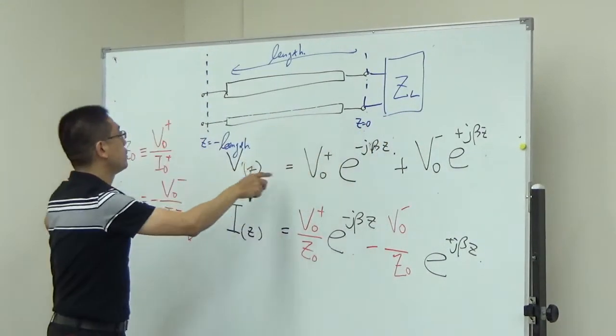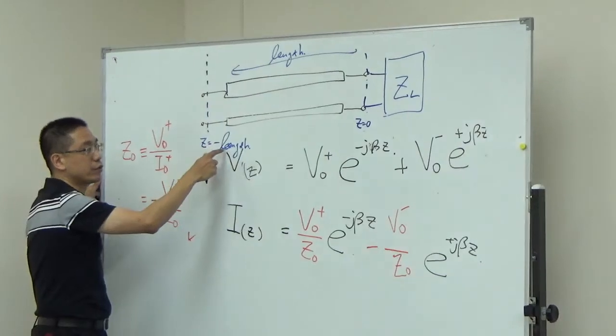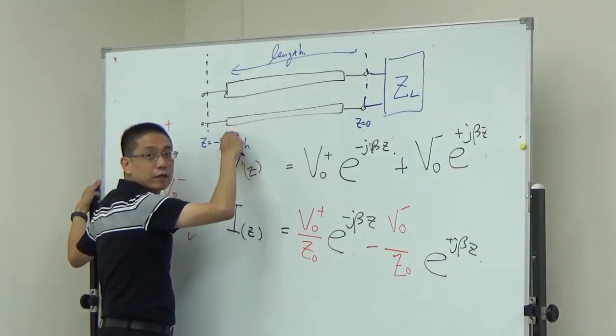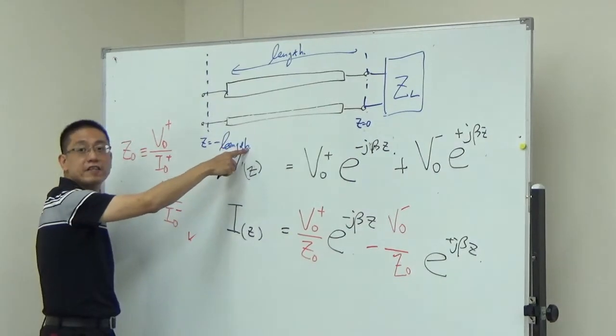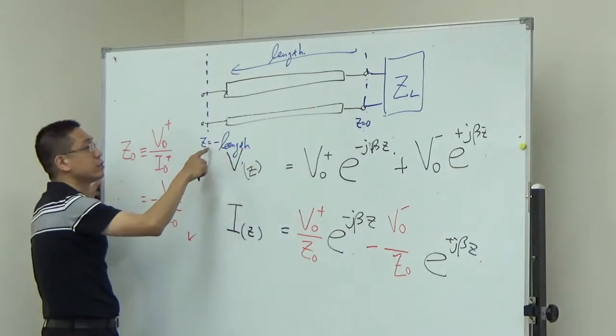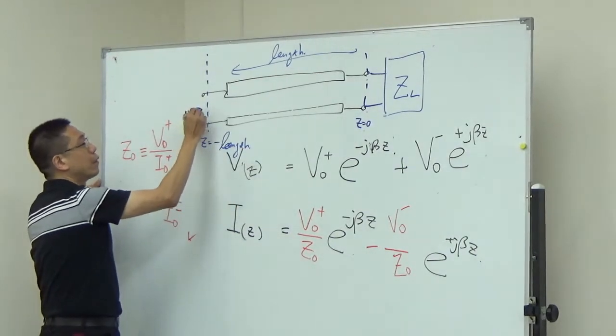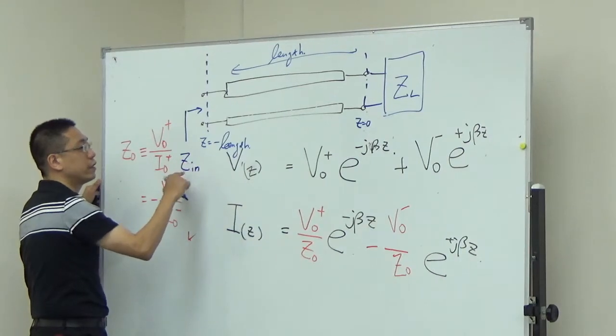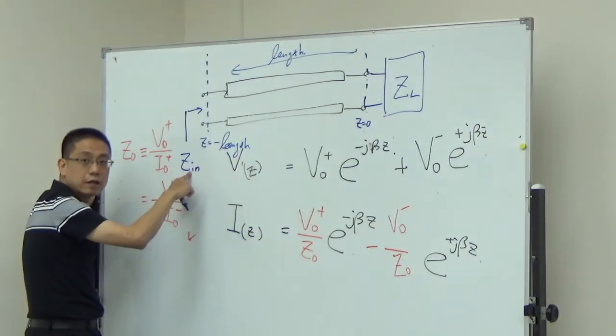So this is z equals minus length, your position. The length is the physical length of the transmission line. So the total impedance here is Z in.